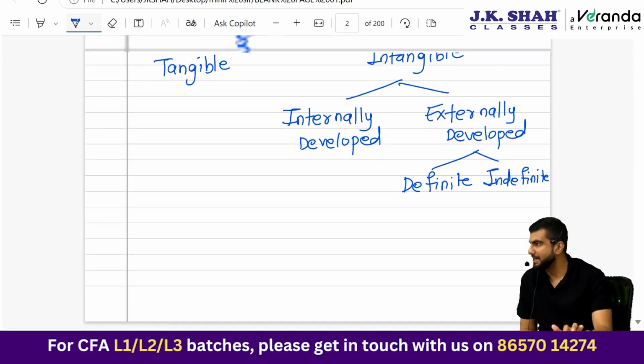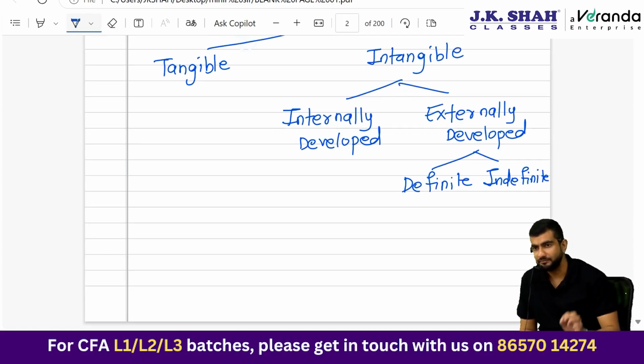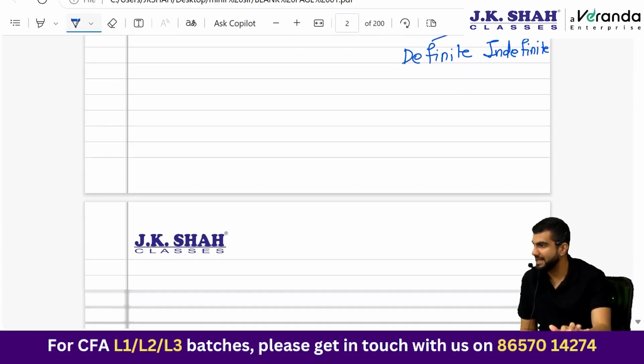Any doubts in this part? Fine. Do you amortize goodwill? Never. You never amortize goodwill simply because it is an asset with indefinite life. You just have to test it for impairment. Impairment of intangible assets as a concept is not covered at level 1, so not discussing that. Okay. So this was about the long-term assets.